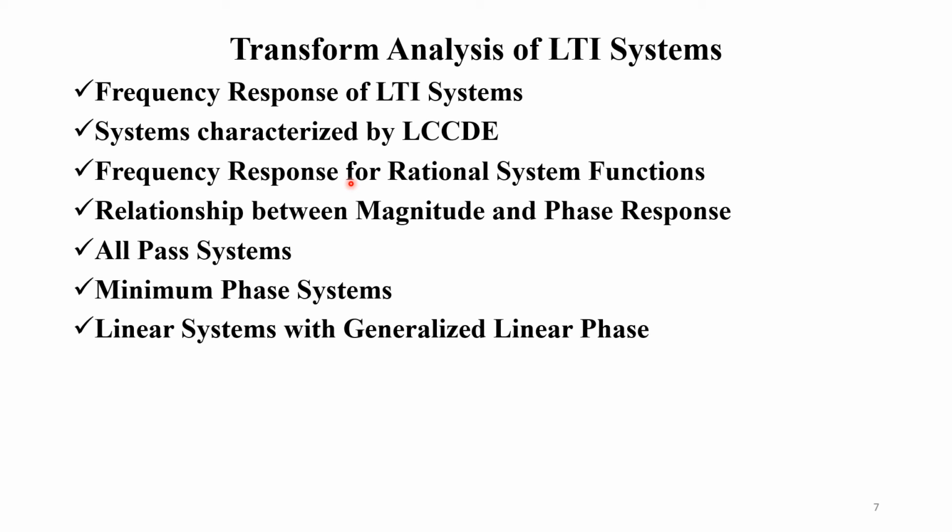And we talked about the relationship between magnitude and phase response, and we know that in general, knowing the magnitude response of the LTI system provides no information about the phase. However, for the system described by a linear constant coefficient difference equation with some constraints, there are constraints between the magnitude and the phase.